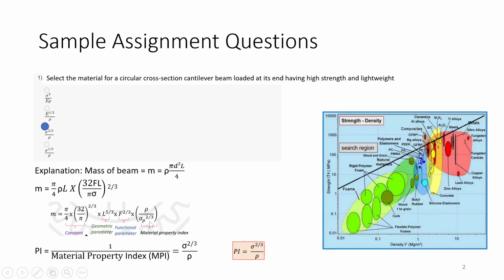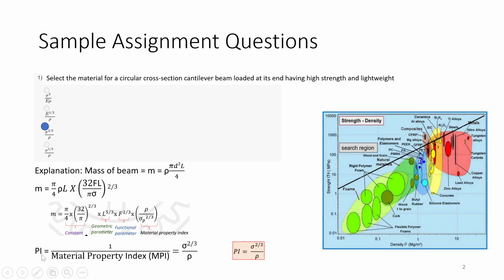In this case you will have density, the strength of the material, or fatigue strength or other properties. Since you want to minimize the mass, you will be minimizing this material property index.